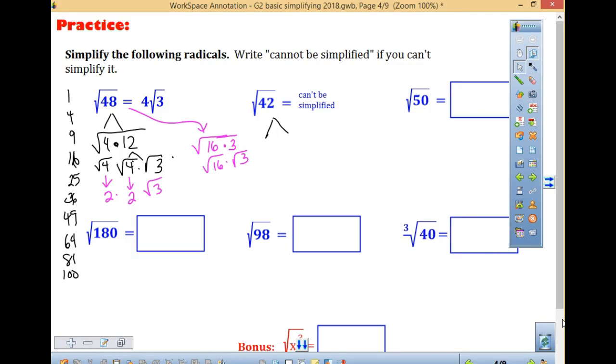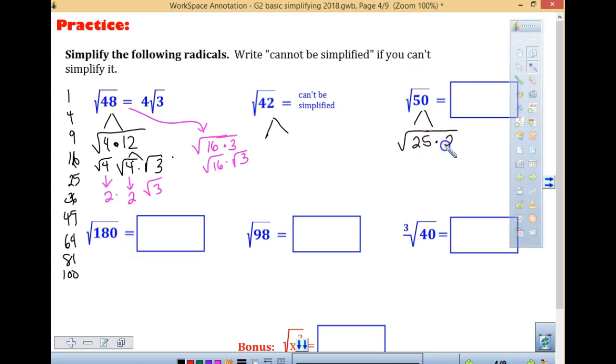Because 6 times 7 doesn't help us with getting rid of my square roots, you don't have a perfect square. How about 50? What's a perfect square that goes into 50? 25. So you're going to factor it as square root 25. And I don't care if you put them underneath that same radical, so 25 times 2, or if you think of breaking it apart as square root 25 times square root 2.